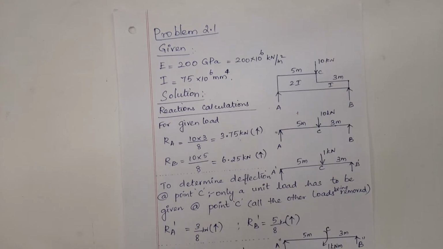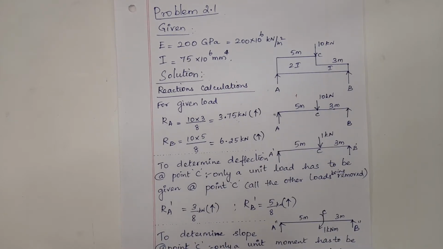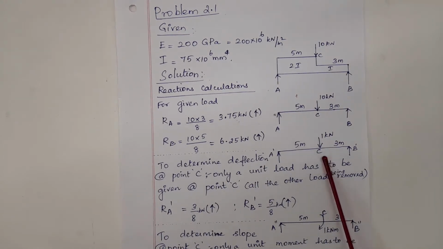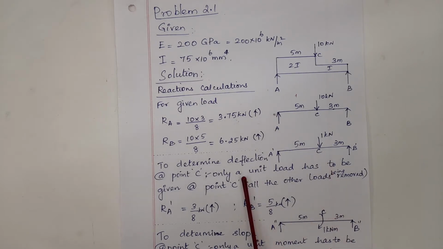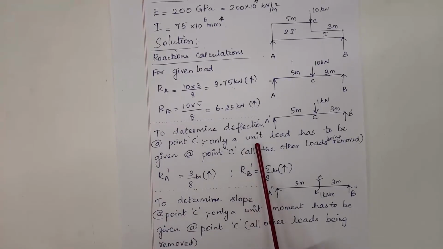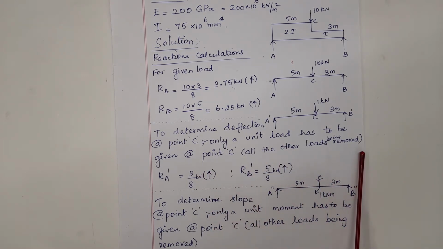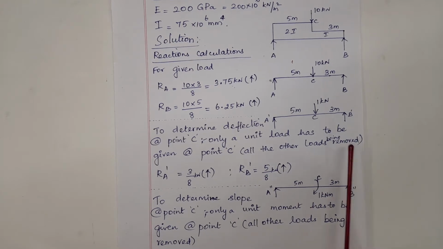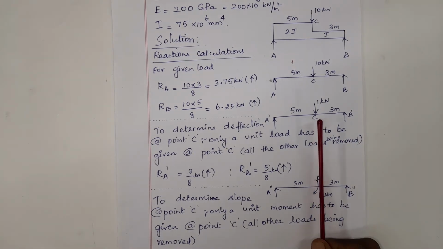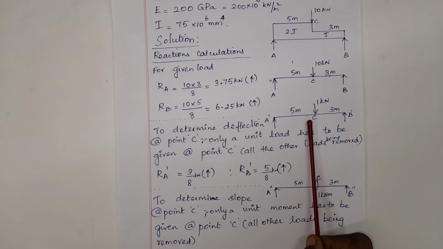To determine the vertical deflection at the loaded point is the first step. To determine the vertical deflection at point C, a unit load has to be given at point C and all the other loads removed. So if deflection has to be determined, a unit load has to be given.